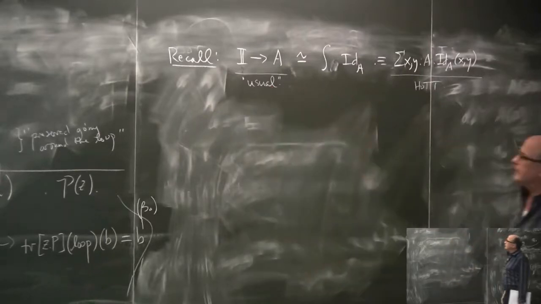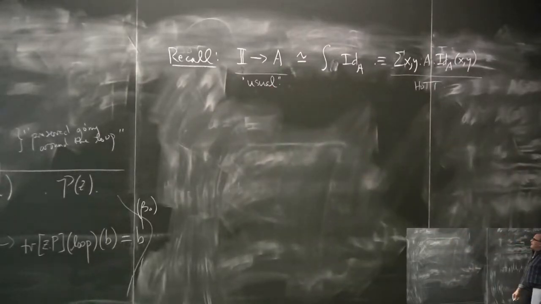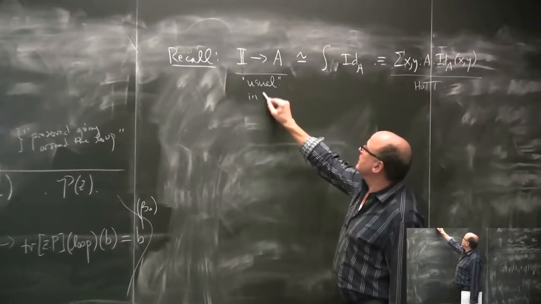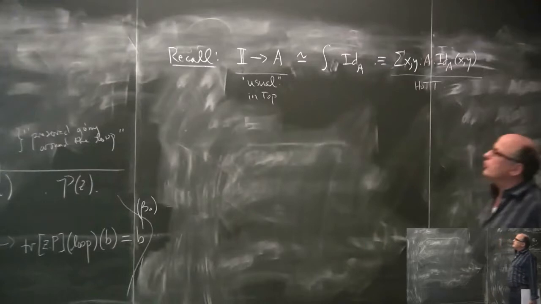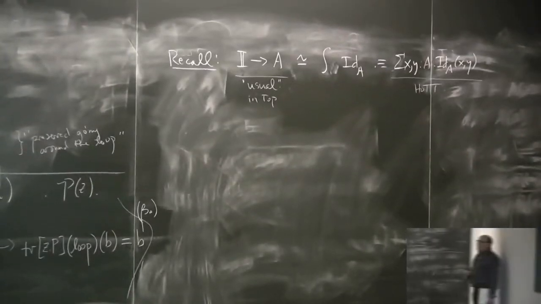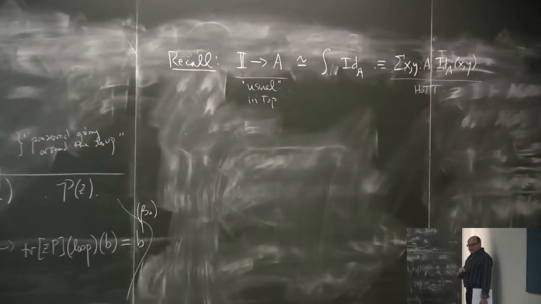It looks like the usual way, because the usual way, at least in Top maybe, is that I is the actual interval, the piece of the real line, and you think of a path as a set of points.